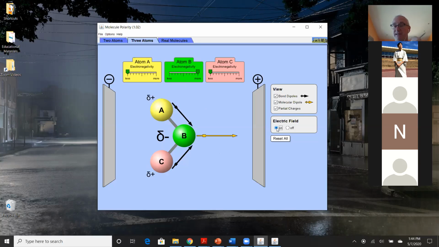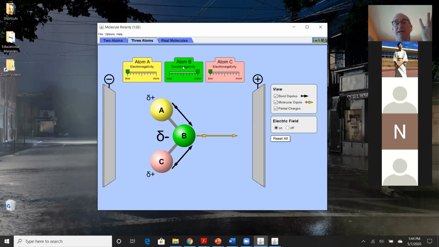That's basically the easiest way to see if a molecule is polar: put it in an electric field and turn it on, and you can actually see if the molecules orient themselves. If they do, it has some polarity. You can mess around with different electronegativities here. The problem is, you won't be able to do the real molecules.